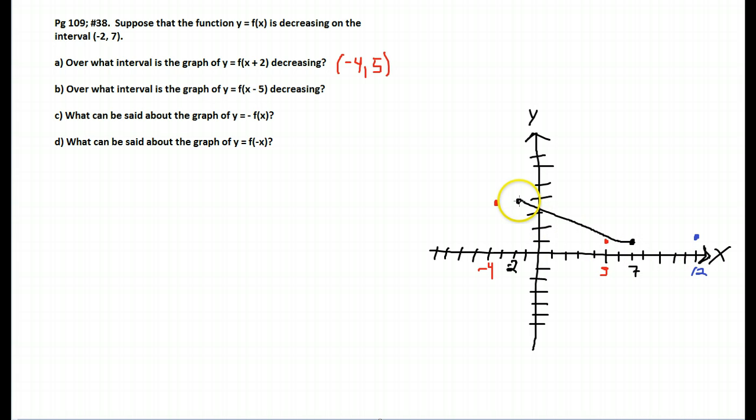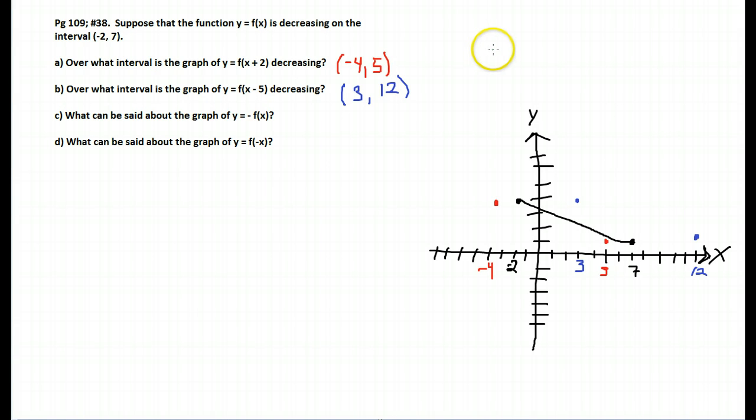Then I take my original point here, move it to the right 5. So there's 2, 3, 4, 5. And this x-coordinate is 3. So on the interval from x equals 3 to x equals 12, it is decreasing when we have f of x minus 5.